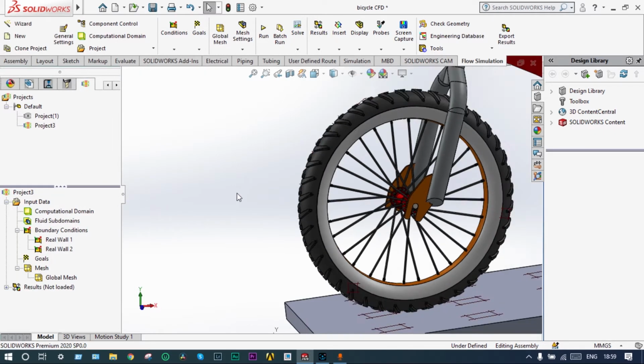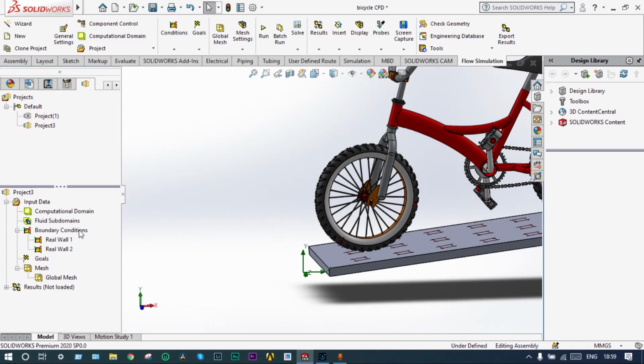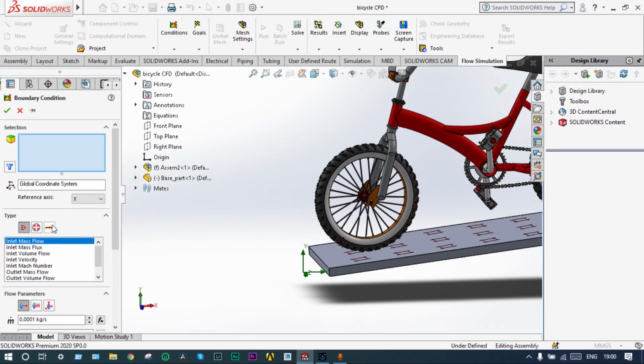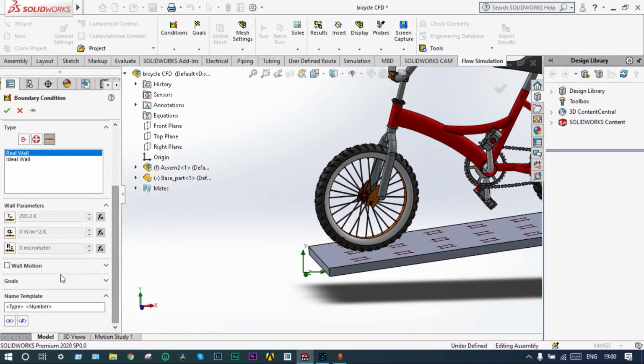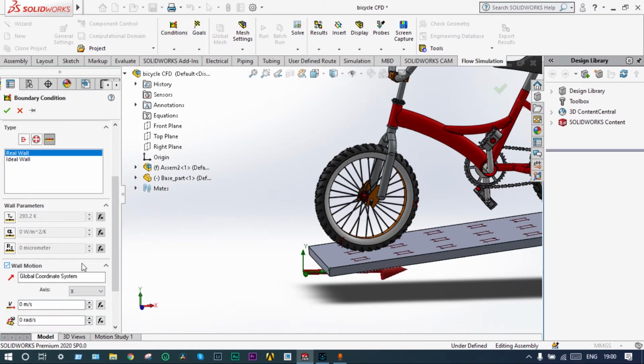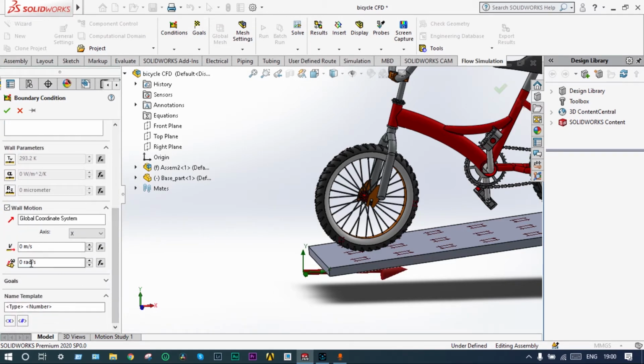Again, for the other wheel also we have to provide velocity. So again boundary conditions, insert boundary conditions, walls, wall motion, and the linear velocity will be minus 40 meter per second.